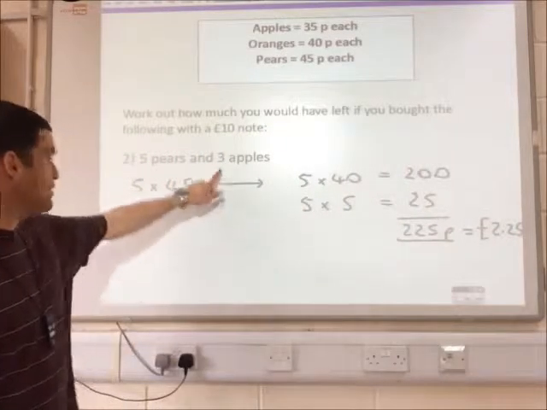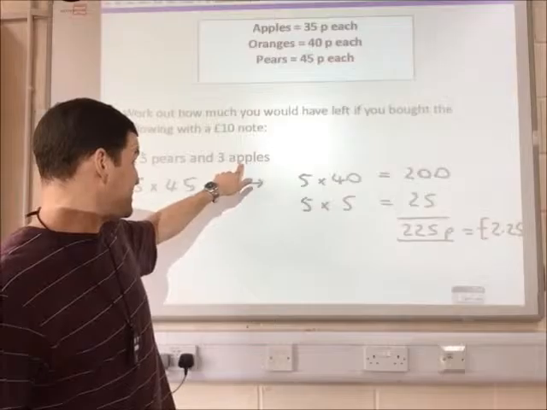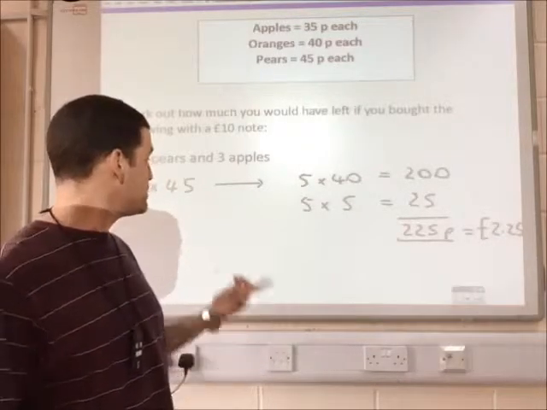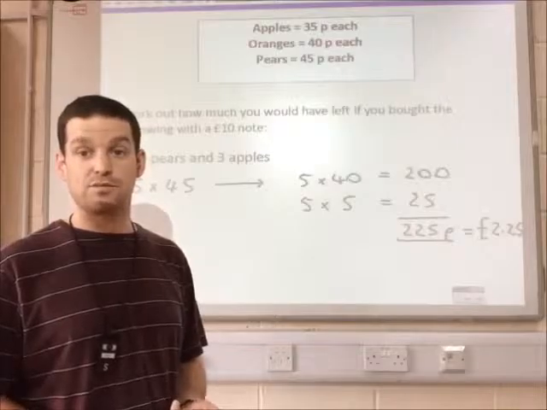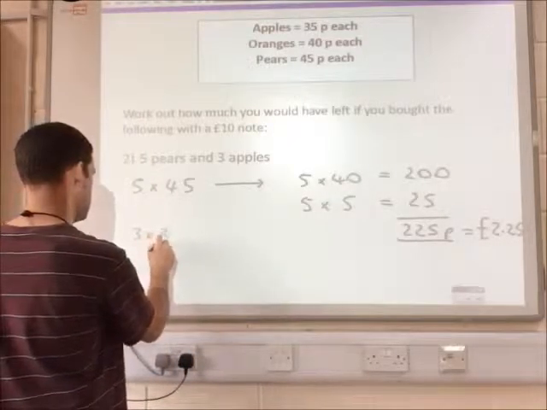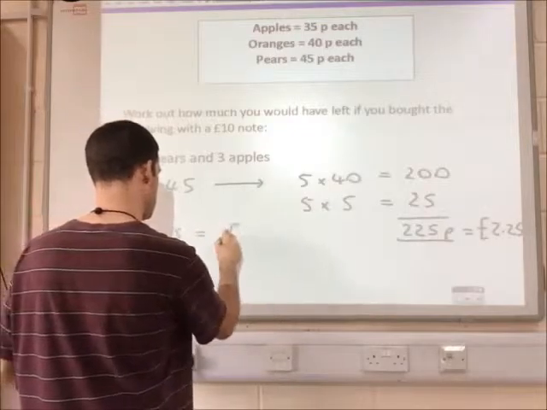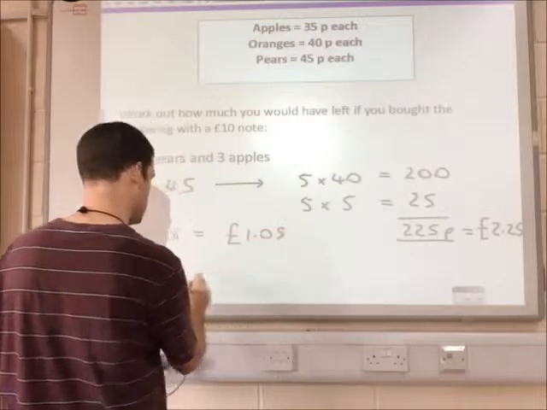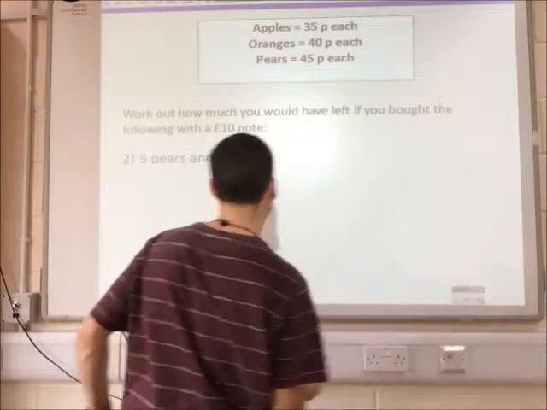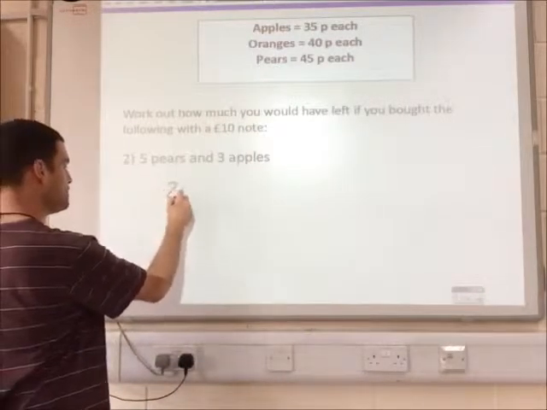Okay, then I need to add on the price of the apples. Now I did work that out earlier, so I'm not going to do the calculation again. We said in the previous example that 3 apples were going to cost £1.05. I'll just give myself a bit more room there.